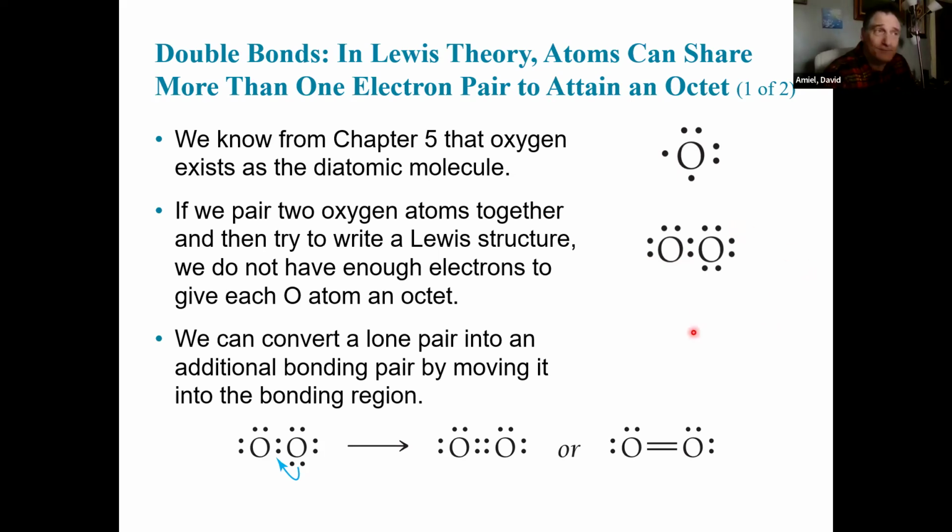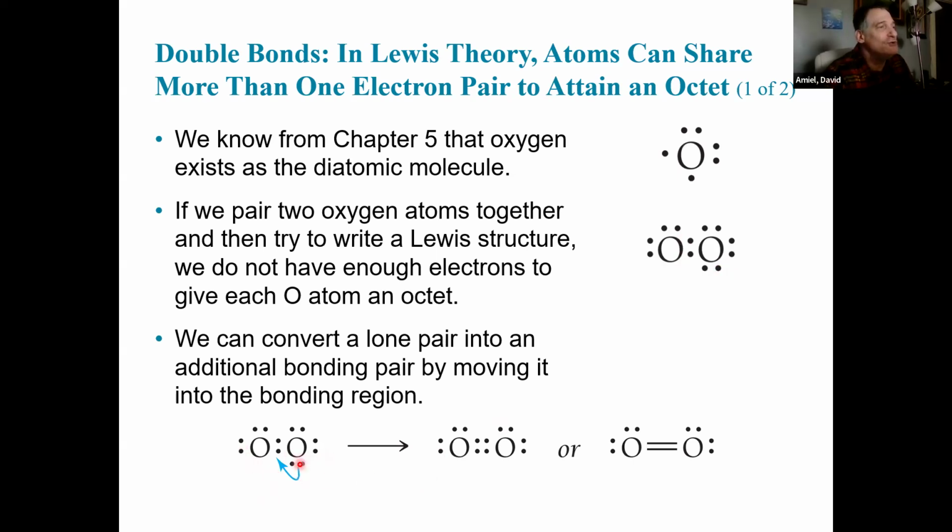Lewis structure theory allows you to play around with the electrons. What you do is you take the lone pair from one of the oxygens, say this one, it could be any of them, and you put it as a bonding pair. That is what's shown on the bottom here, this blue arrow.